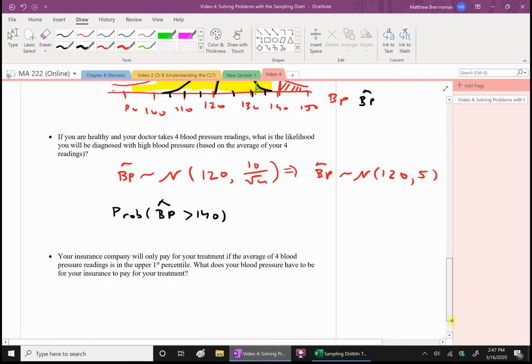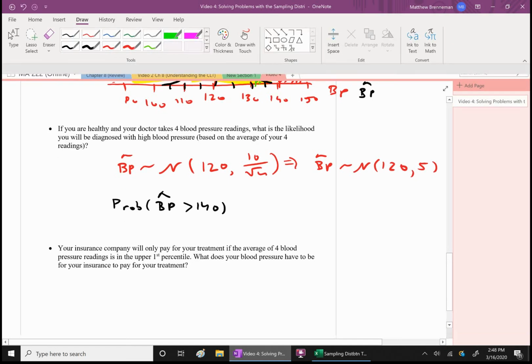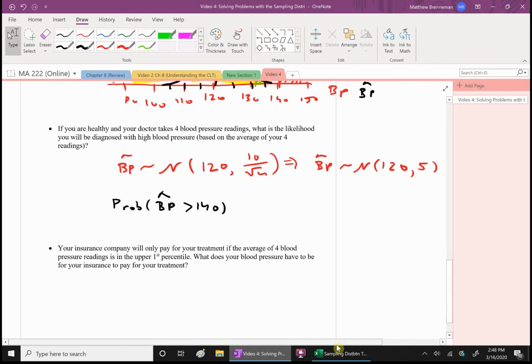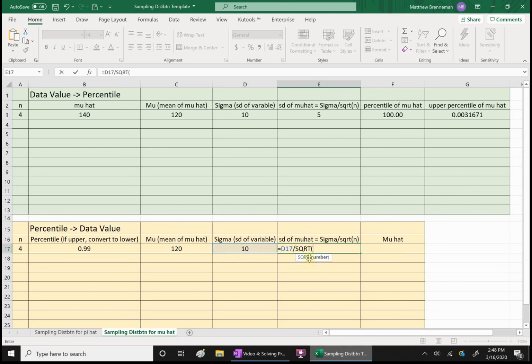Okay. So we're going to use norm.inv. If we go back to our spreadsheet here, right, we have 4. It's an upper percentile, so we're going to have to convert it to a lower percentile. Again, the mean's 120. Standard deviation is 10. Standard deviation of mu hat, it's the same formula, right? Standard deviation of the variable divided by the square root of the sample size.